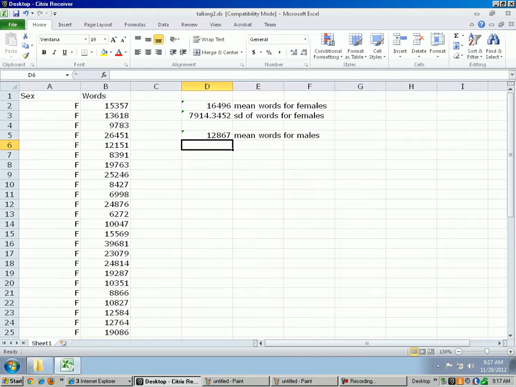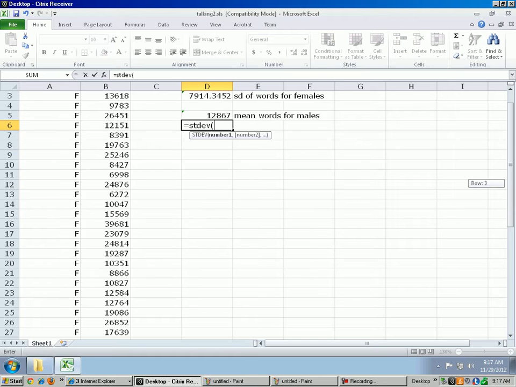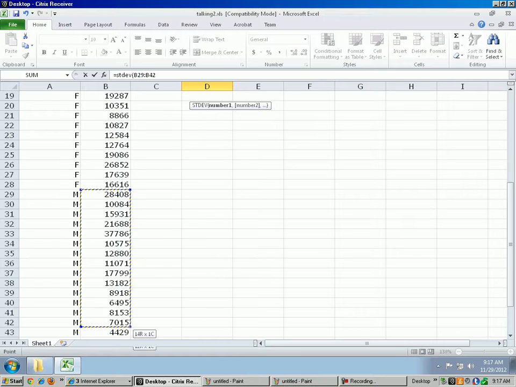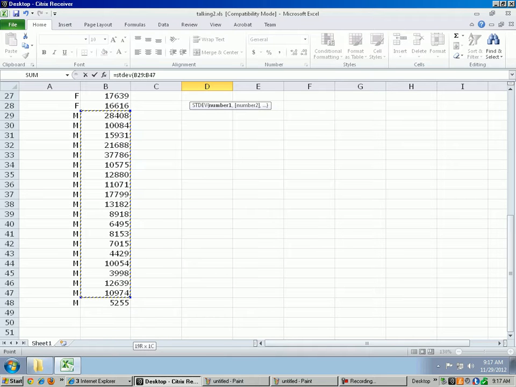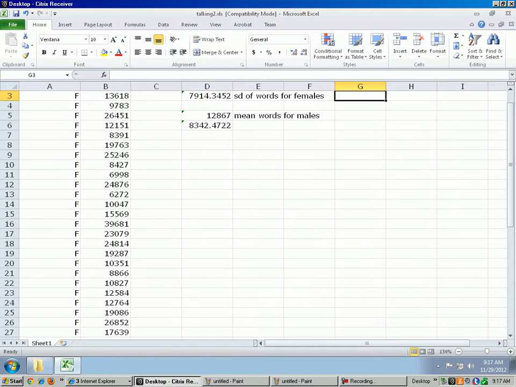Okay, standard deviation, equal sign STDEV of the males, which is, again, cells B29 through B48. Okay, so there's the standard deviation of the words for the males. All right.